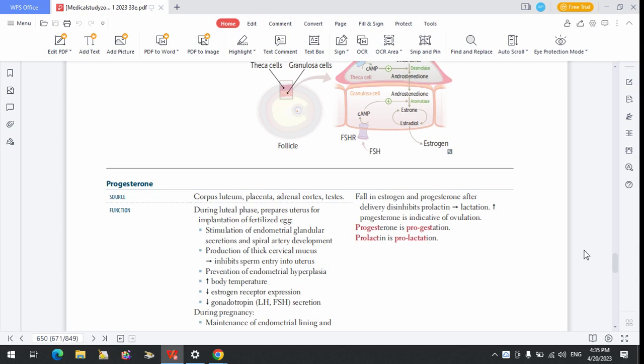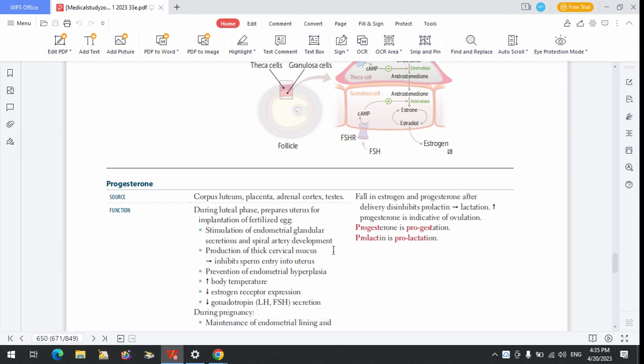So it's a very strong marker for ovulation. Once you see that you're measuring your temperature and it is about 0.5 or 1 degree Celsius more than before, that means ovulation has happened. And of course, I've said initially that it downregulates estrogen receptor expression, and it also has a feedback effect on LH and FSH, just like our estrogen.